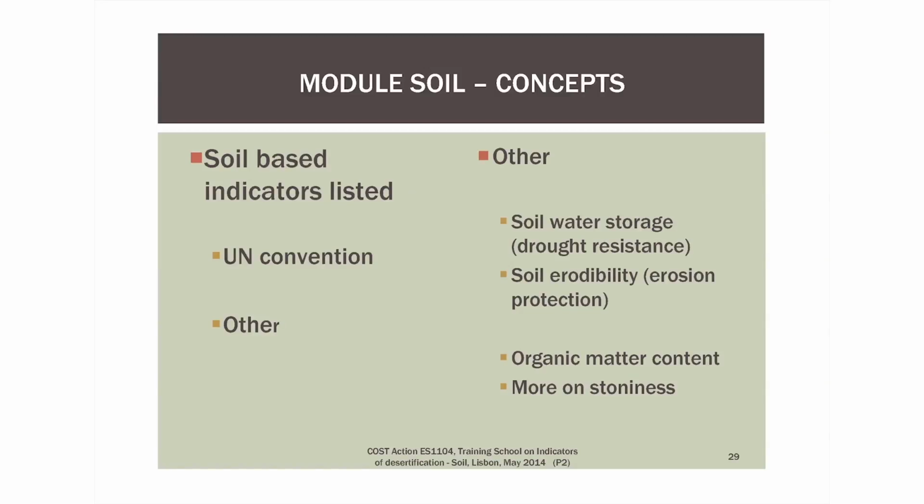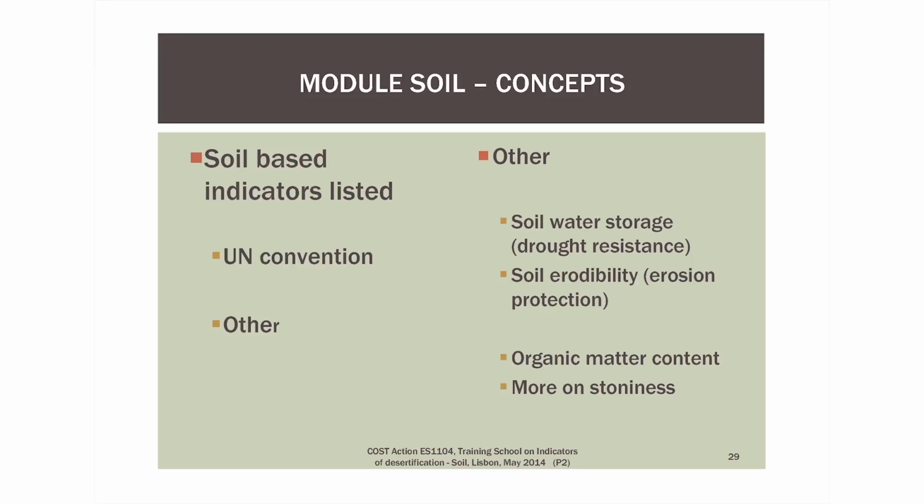Well, I dared to add some other indicators as they are here, and they address something that is in the UN Convention, but not on the soil-based indicators, but on the vegetation indicators.